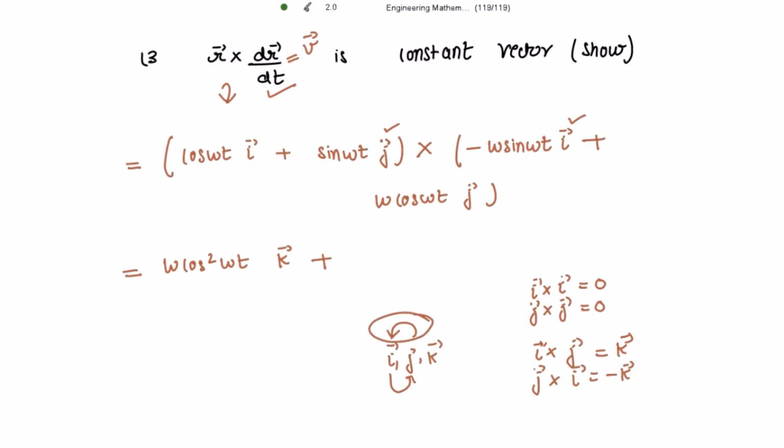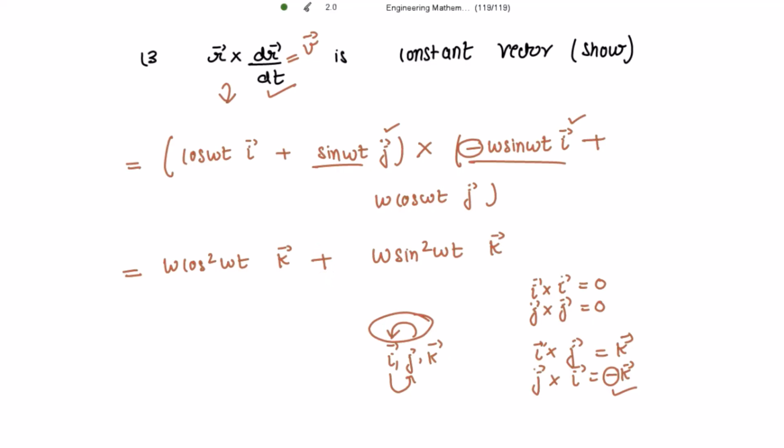In the reverse way we take negative k, right? So it is negative k, and also when multiplying these two we have a negative sign over here, and because I'm also having the negative sign over here, the sign becomes positive, and we get w sin squared wt k vector.